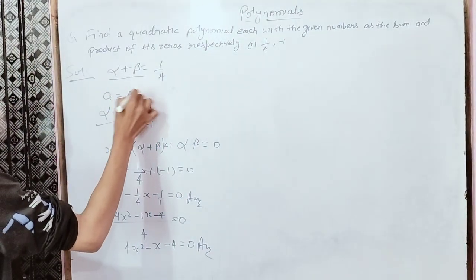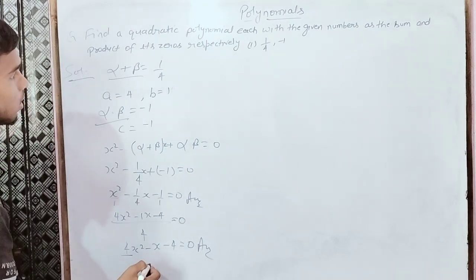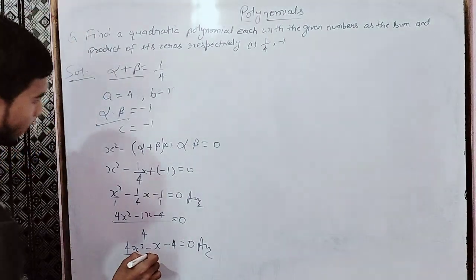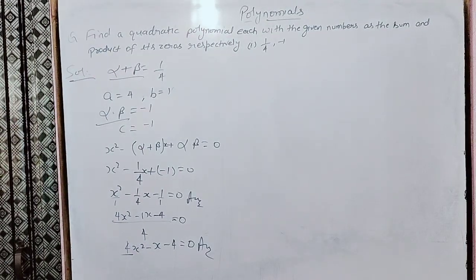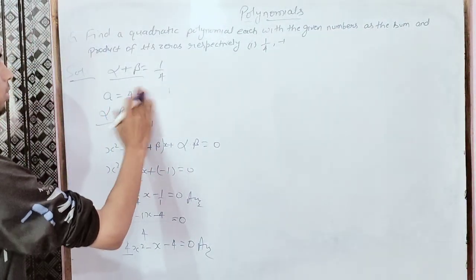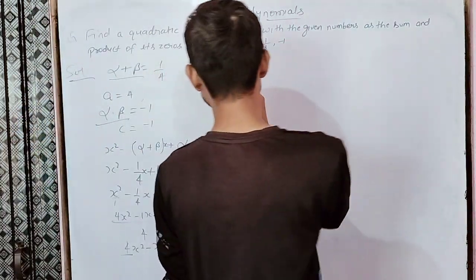A is a 4 and B is a minus 1. So A is a 4, B is a minus 1 and C is a minus 4. Second question.